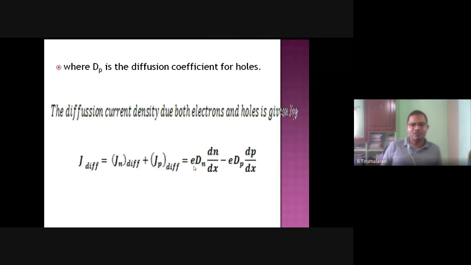What is small e? Charge of electron, and here charge of hole. The charge of electrons is equal to the charge of holes, the magnitude is the same. That's why I indicated it with small e. What is Dn? Diffusion coefficient for electrons. What is capital Dp? Diffusion coefficient for holes. What is dn by dx? Electron concentration gradient. What is dp by dx? Holes concentration gradient.